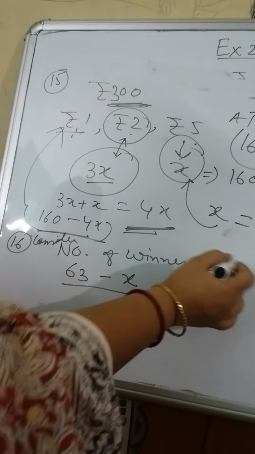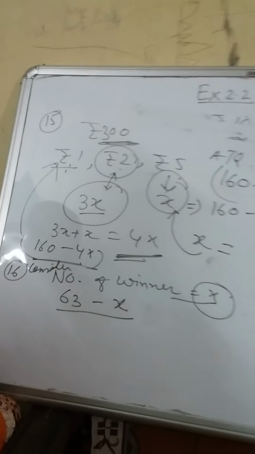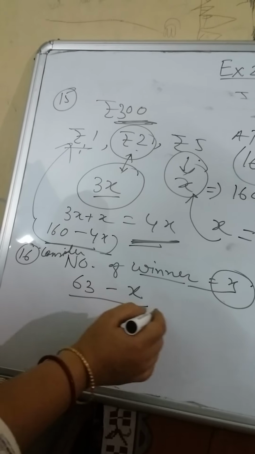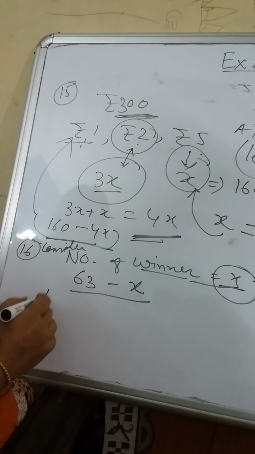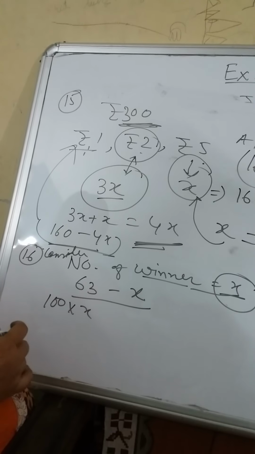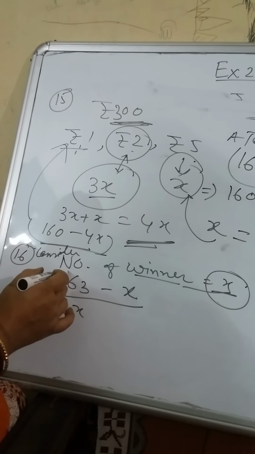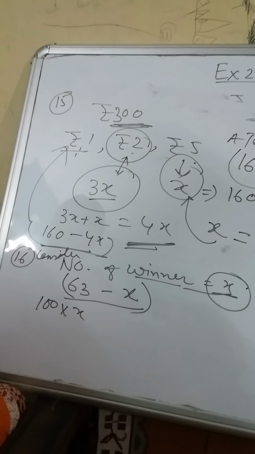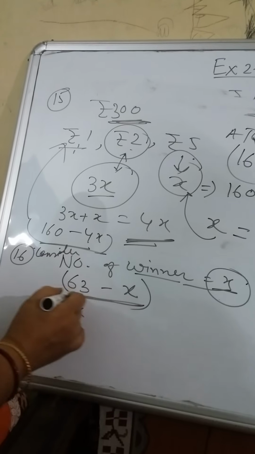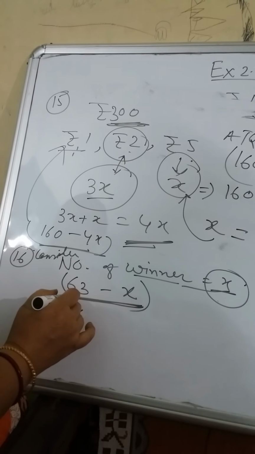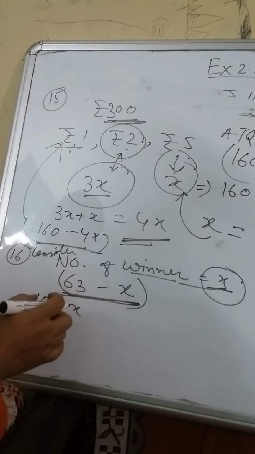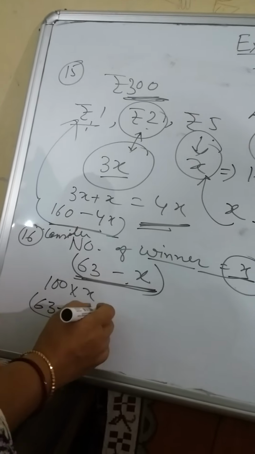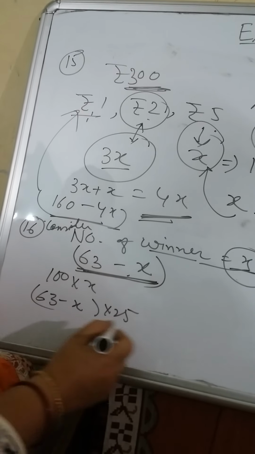Okay. For the winners, how much money is given? Each winner gets 100 rupees, so for x winners it is 100 into x. And the other participants who are not winners will get 25 rupees each, so the money required for them will be 63 minus x into 25.